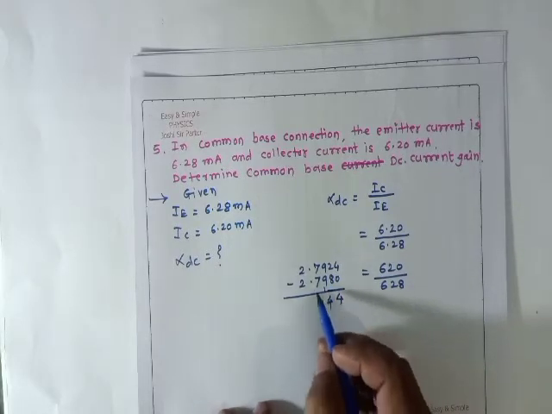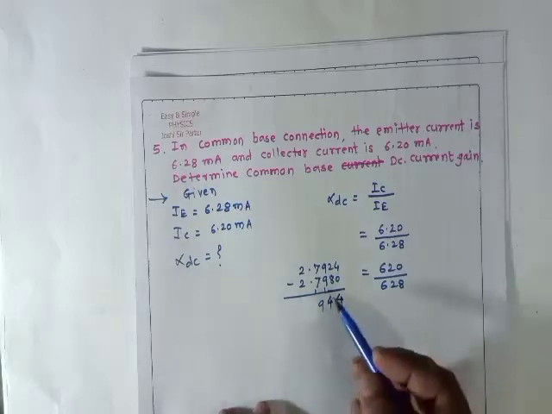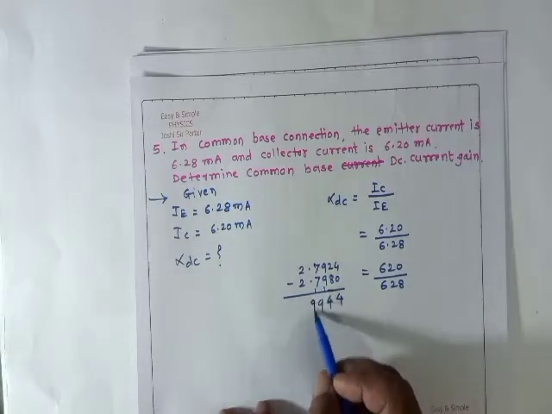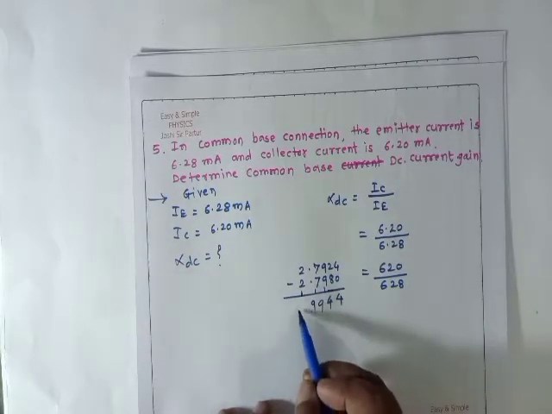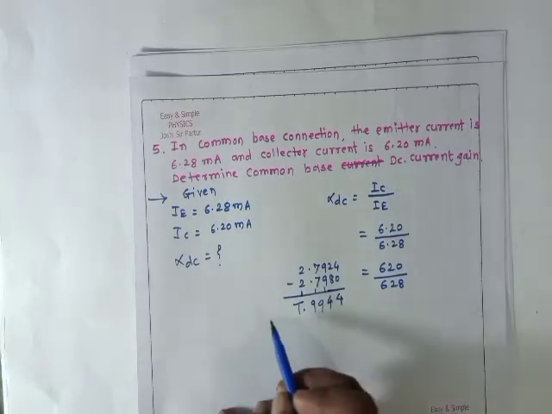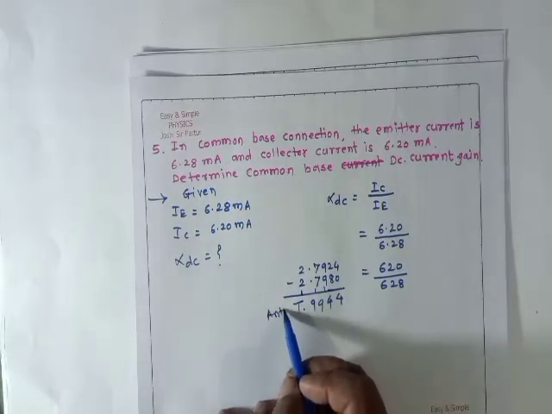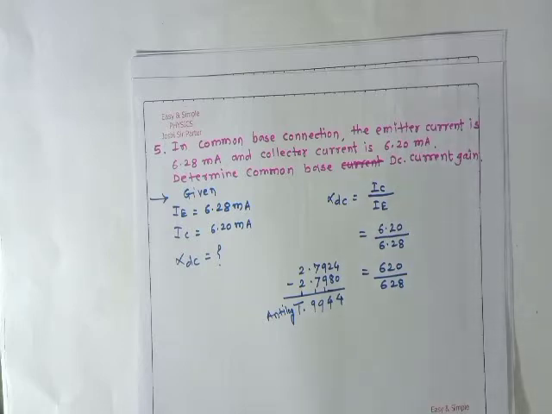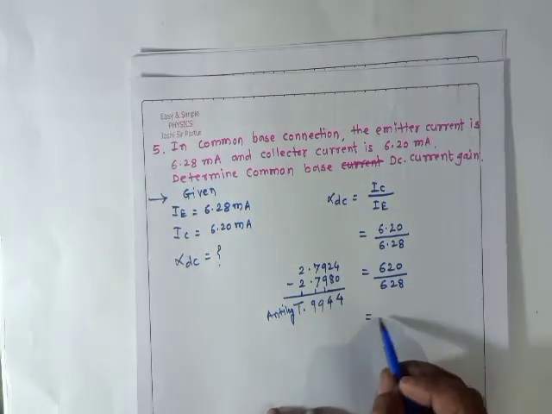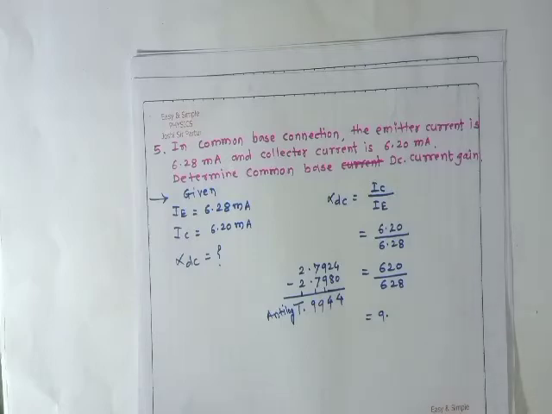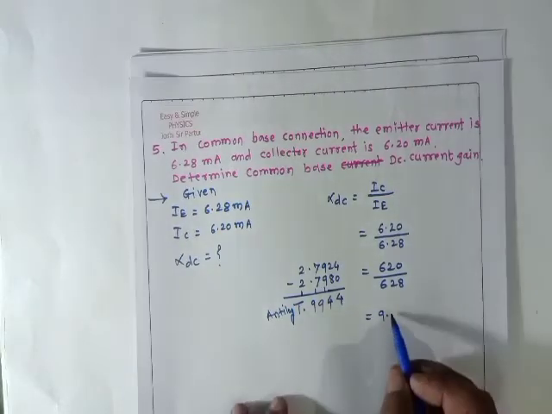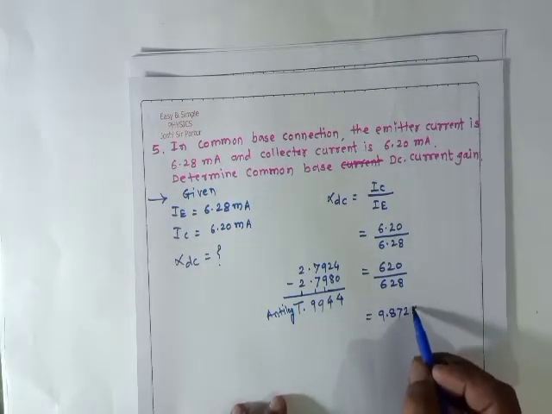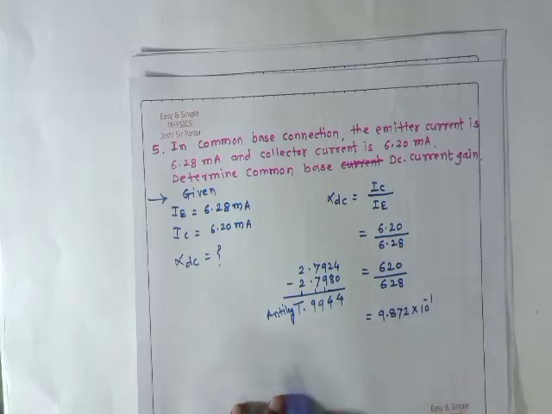So here 9, here 17, 9, and bar 1. Take its antilog. By taking antilog of 0.99 in 4, mean difference 4, it will be 9.872 into 10 to the power minus 1.